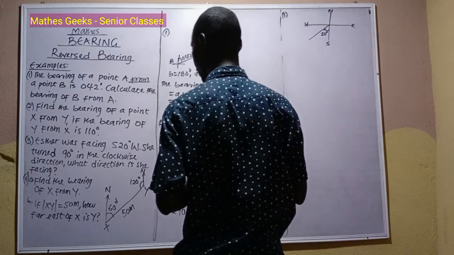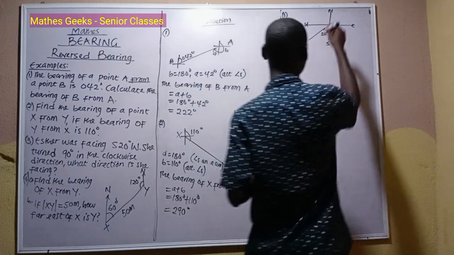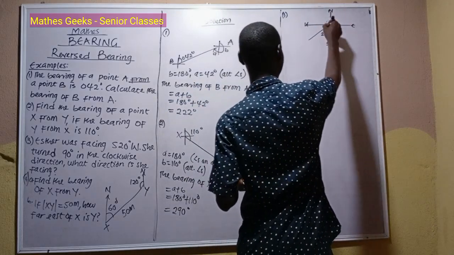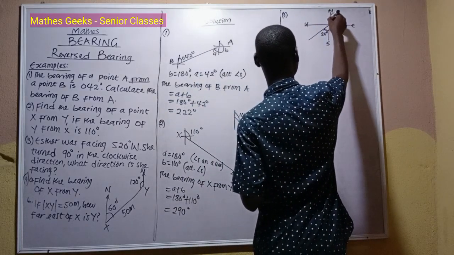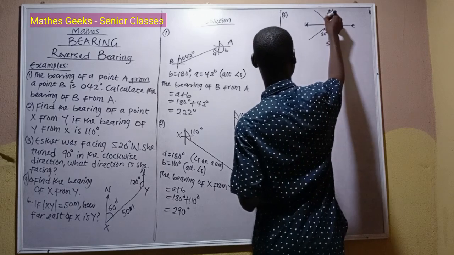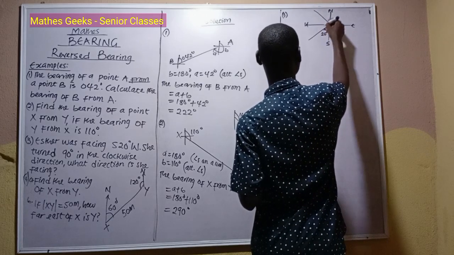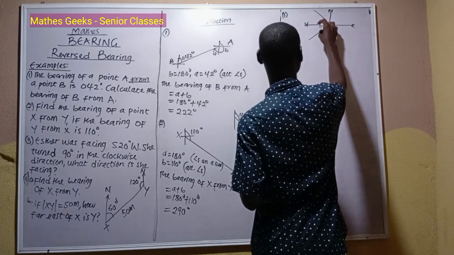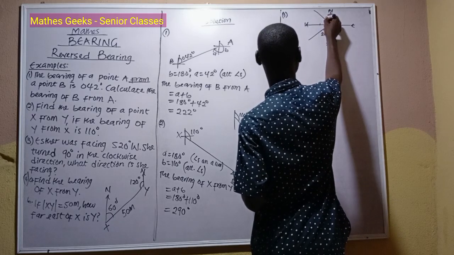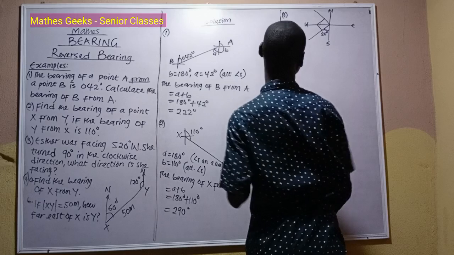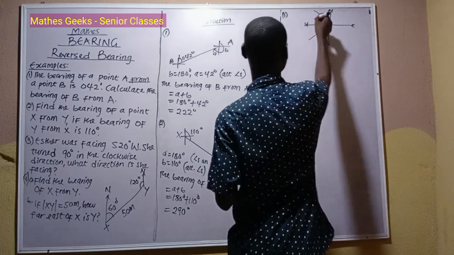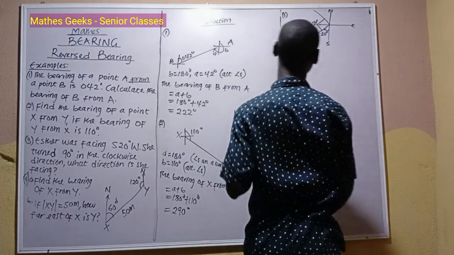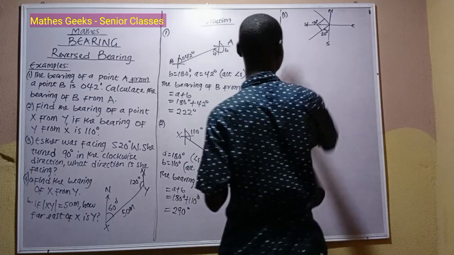Then she turned 90 degrees in the clockwise direction, like this. If she turned 90 degrees, that would be what's here, 90 degrees. And you know how we represent 90 degrees? Like this. So that's 90 degrees in the clockwise direction.